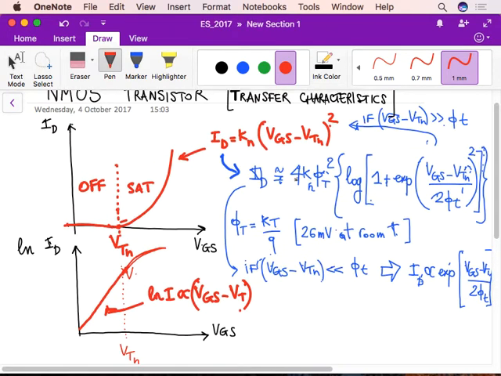Why am I writing these expressions and drawing these plots?